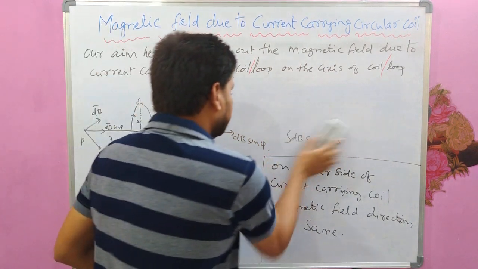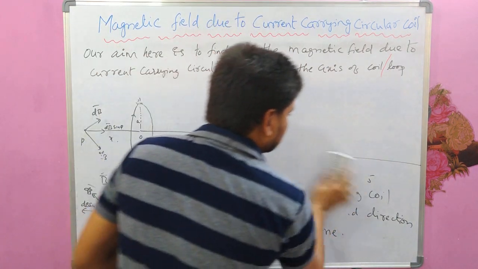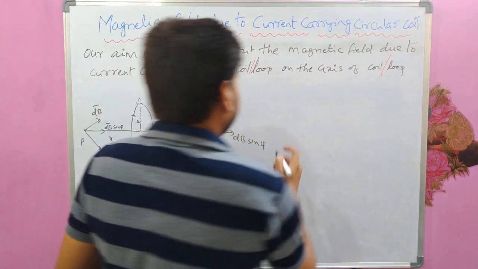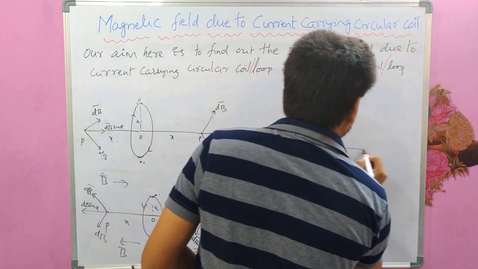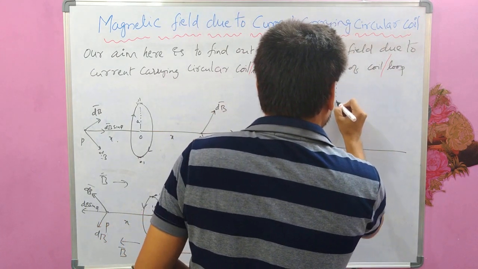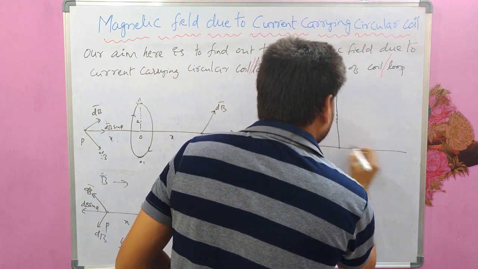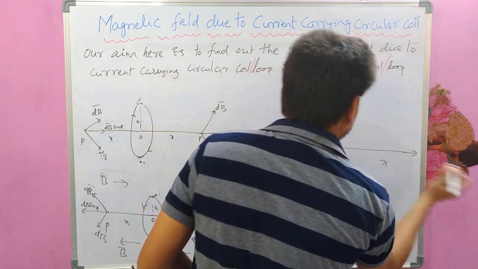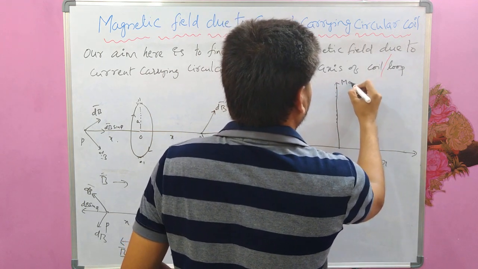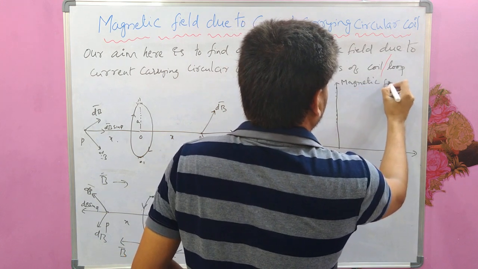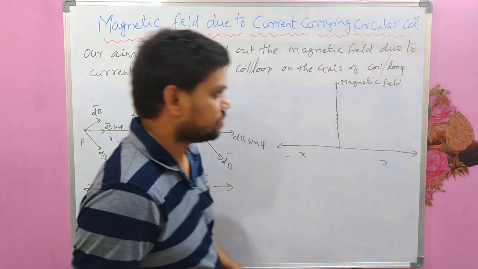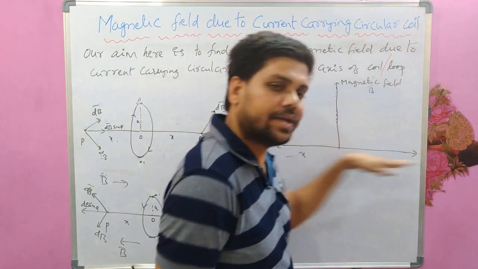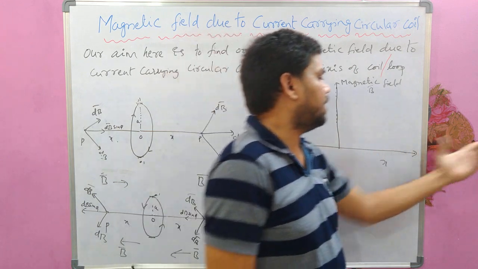And we can express this point with a graph using the magnitude values of the magnetic field at the center as well as at the point P at distance infinity. So I am taking this as x, minus x and plus x, with the magnetic field B on the y-axis, and this is the axis of the current carrying coil, and P is lying anywhere on this line.